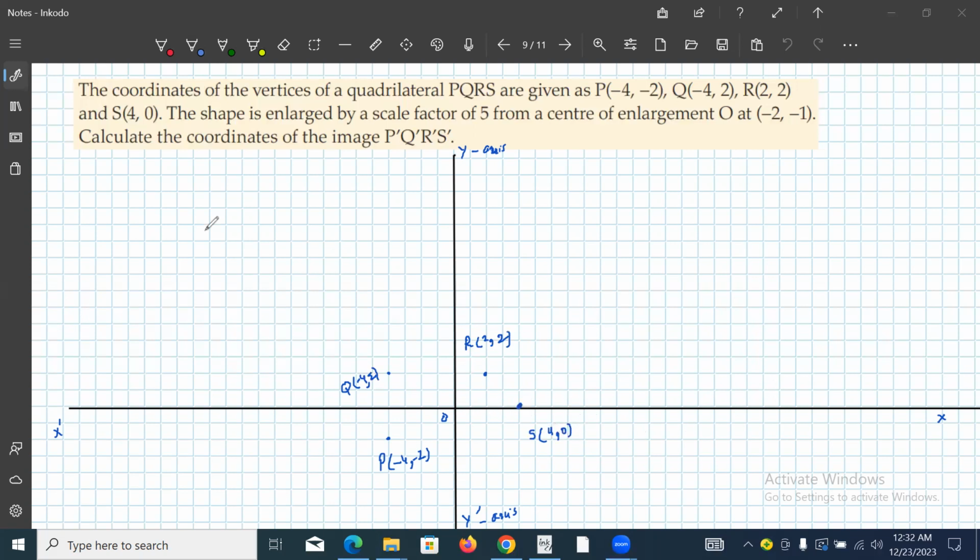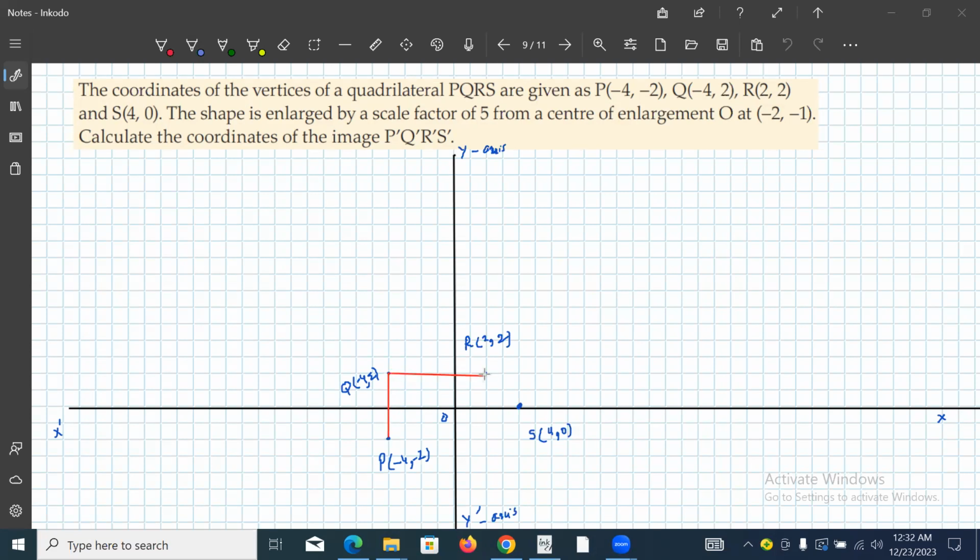Now after this we will plot the lines to connect and show this is a quadrilateral, like P to Q, a straight line. This is the line.